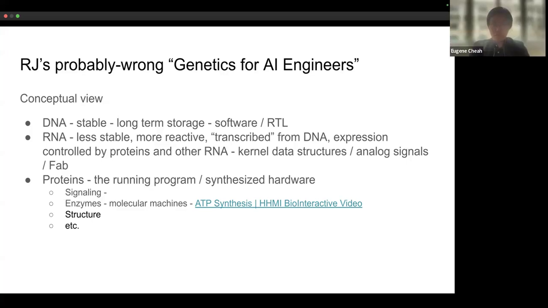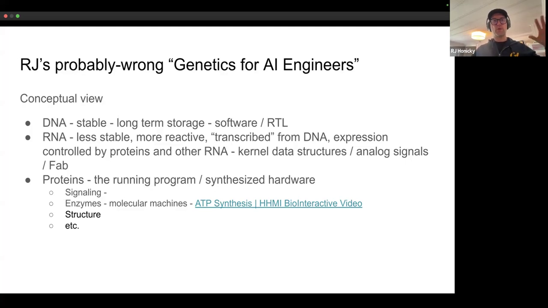Genetics deals with three factors, and there's lots of other related stuff, but it's DNA, RNA, and then proteins. Proteins turn into larger structures and signaling and all sorts of stuff.